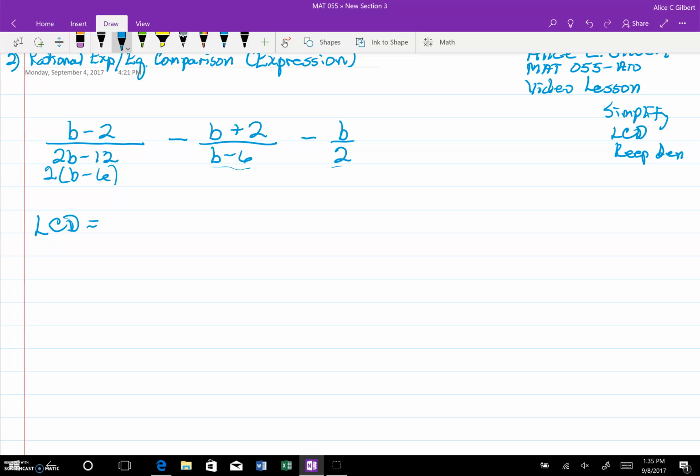Now let's look at how we do this in an equation. Well, guess what? We're going to build our LCM. It's an LCM building, so I need to start with a foundation. So I'm going to use the first one exactly like it is. Then I'm going to ignore the first one and the third one. I'm going to look at the second one here. This tells me in my building I need to have one quantity b minus 6.